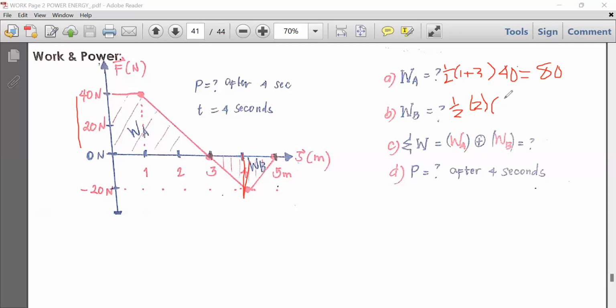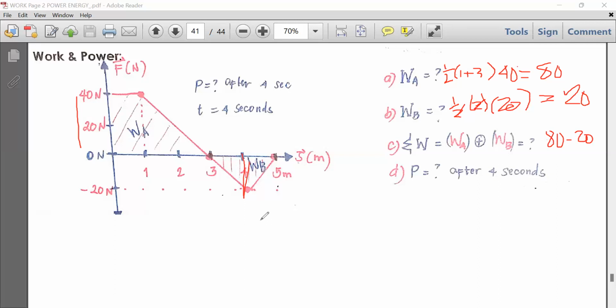Half of 40 is 20, so the answer here is 20. To get the total work done, you have positive 80 and negative 20. So this is WA minus WB. 80 minus 20 is 60.